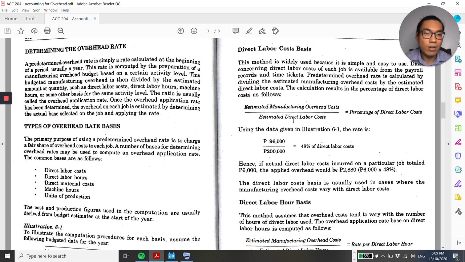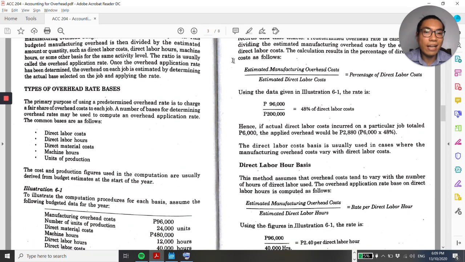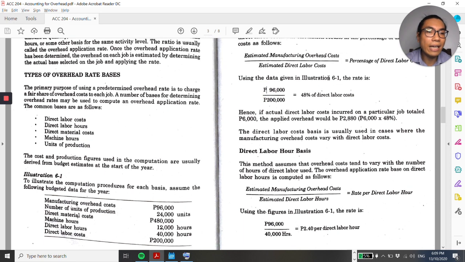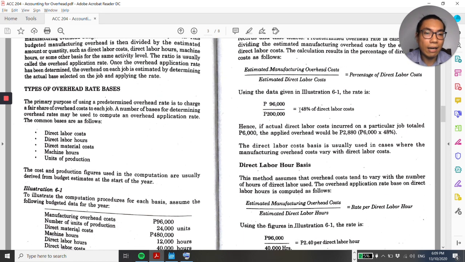So, given na ito yung formula, manufacturing overhead costs divided by direct labor costs, we'll have 96,000 divided by 200,000. And yung magiging answer natin would be a result of getting the percentage of the direct labor costs.